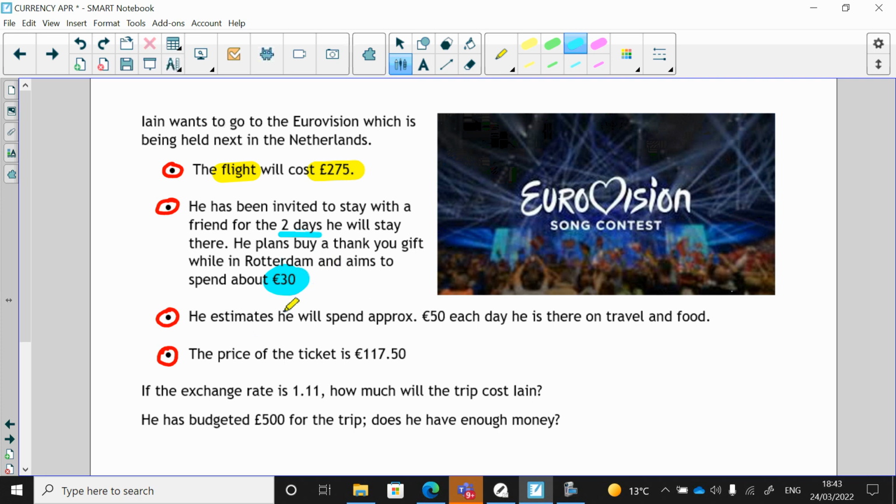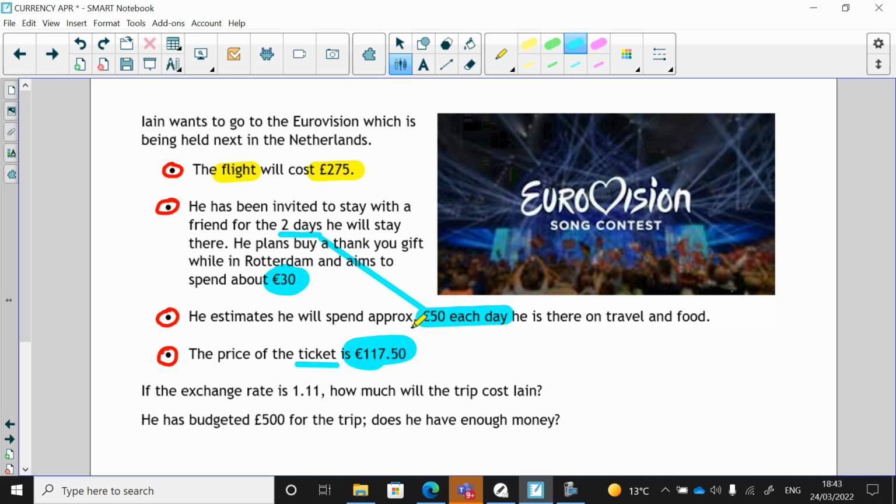Next part here, they estimate that they'll spend approximately €50 each day. That's where we need to connect these two up, because they're going for 2 days. So we've got a connection there. Okay, the final part to do with the costing, we've got the price of a ticket, and it's telling us it's €117.50.